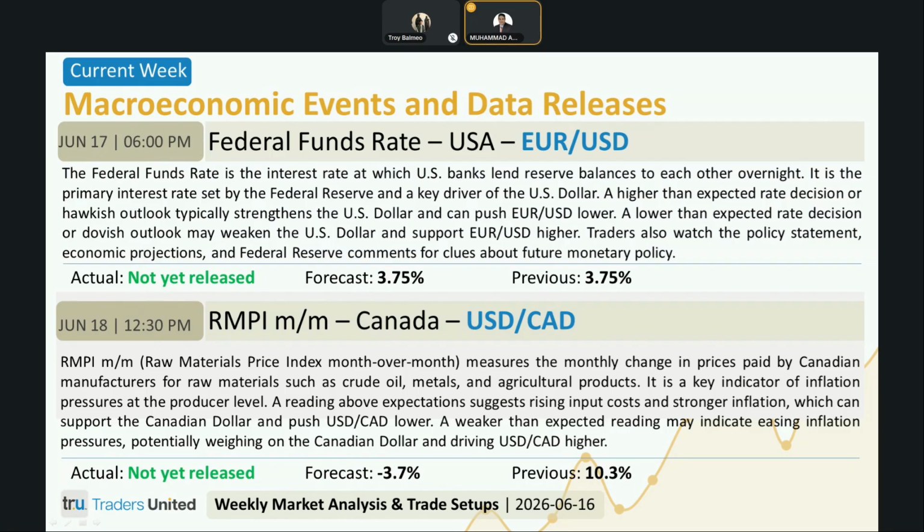If the Fed signals a more hawkish stance, concerns about inflation, or readiness to tighten in future, the US dollar could strengthen. If the tone shifts dovish, concerns about economic slowdown or easing inflation, the US dollar could weaken.